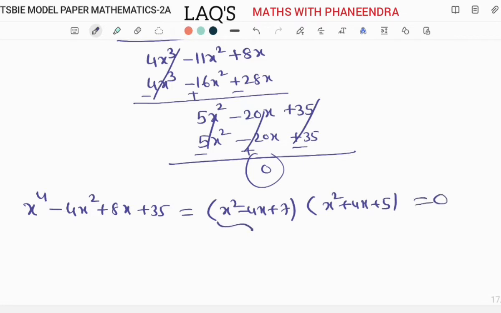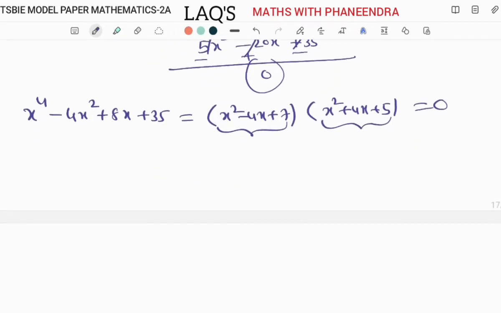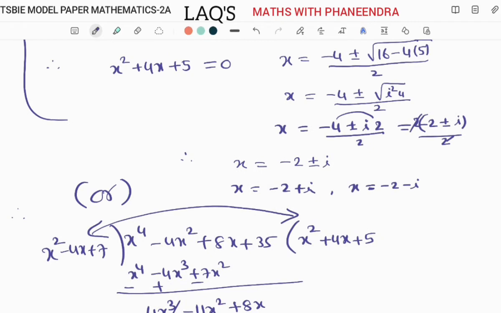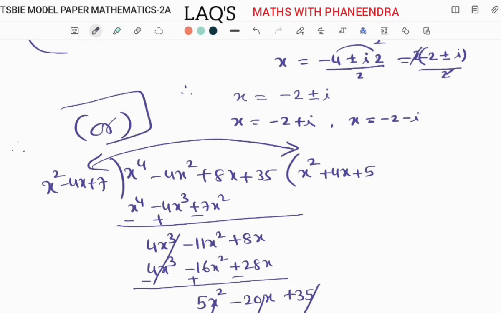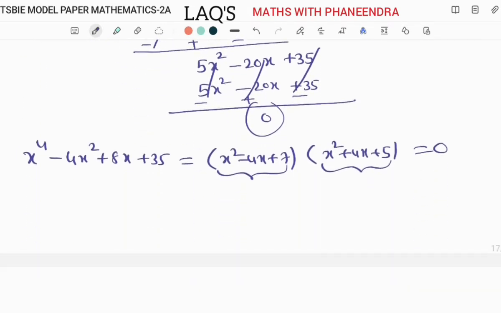So already for this the roots are 2 minus i root 3, 2 plus i root 3. For this we need to calculate. So we already calculated the roots here. Minus 2 plus i, minus 2 minus i. This is the way also we can go, dear students. Or as I mentioned, that is your wish, by taking synthetic division, by quadratic equation, or like this.